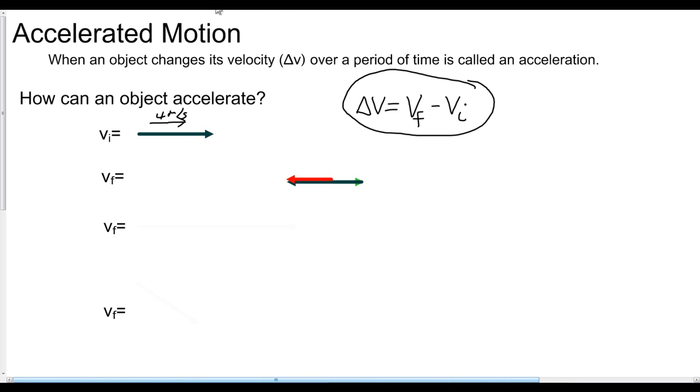This is my acceleration vector for that scenario. I went from 4 meters per second to the right and slowed down to maybe 2 meters per second to the right with this acceleration. My red vector is the acceleration. Let's go ahead and mark that. So that's my acceleration vector.